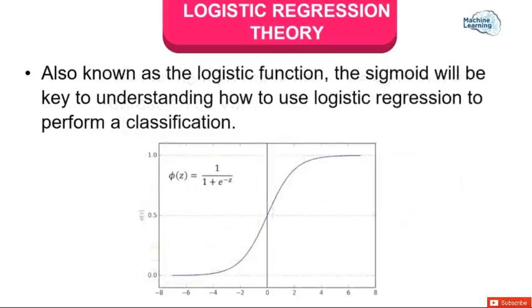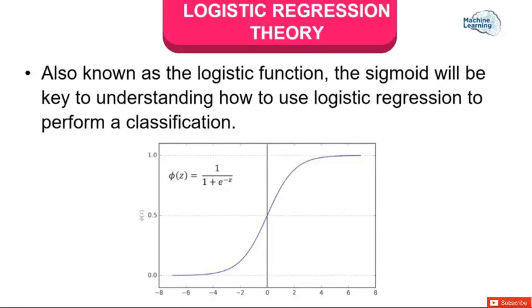By the way, it's also known as the logistic function, or the sigmoid. So the sigmoid will be key to understanding how to use logistic regression to perform a classification. Now, the key secret to this function is that it can take in any value, and its output is going to be between 0 and 1.